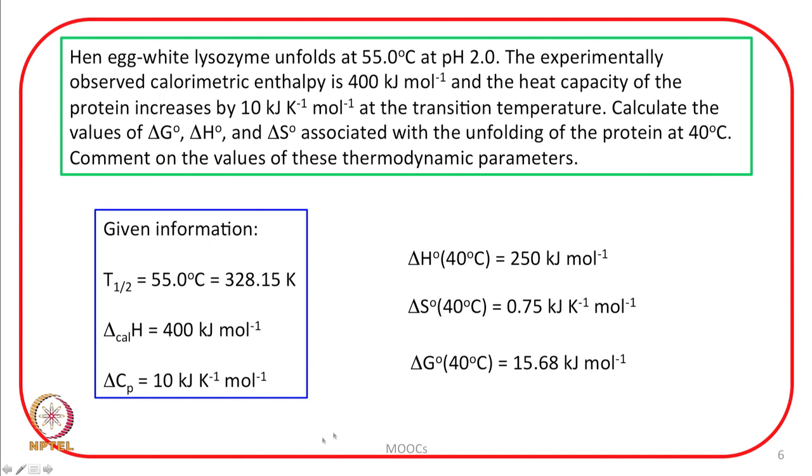That means, at 40 degrees centigrade the protein will not unfold, and that is in line with the given information that hen egg white lysozyme unfolds at 55 degrees centigrade. That means, if the temperature is below 55 degrees centigrade, the unfolding reaction will not be spontaneous, and that is what you see here, that delta G naught is positive at 40 degrees centigrade.